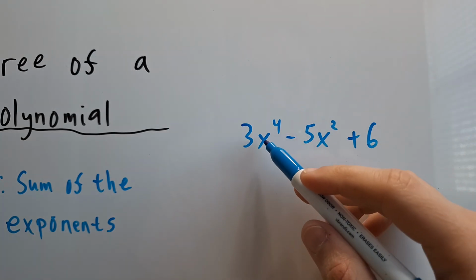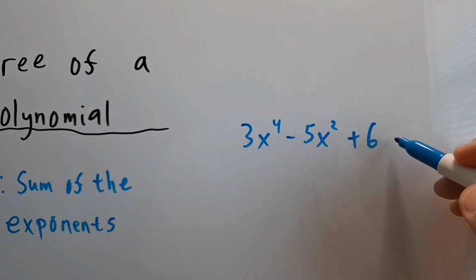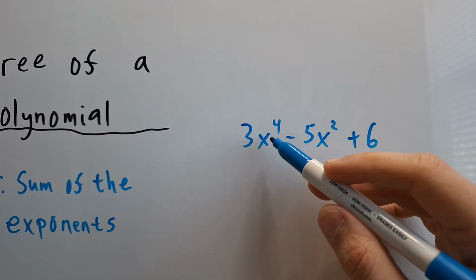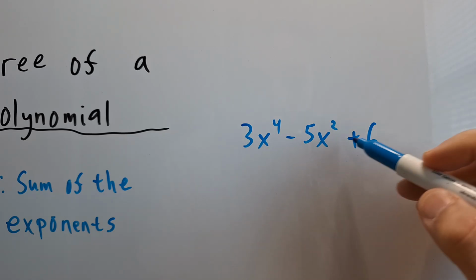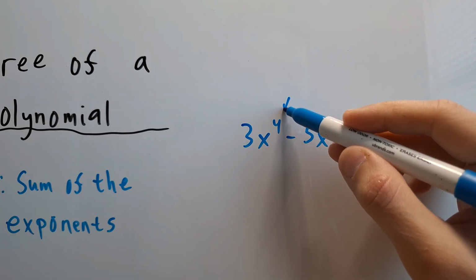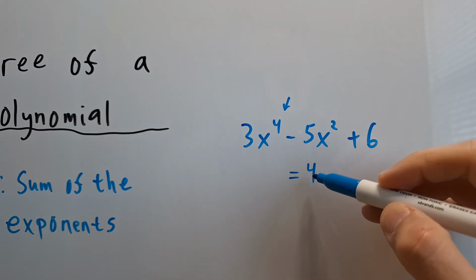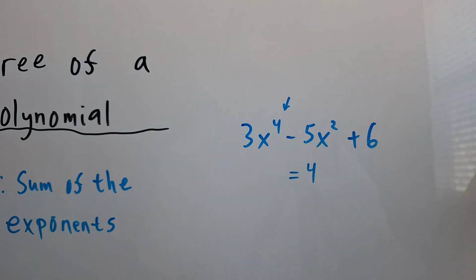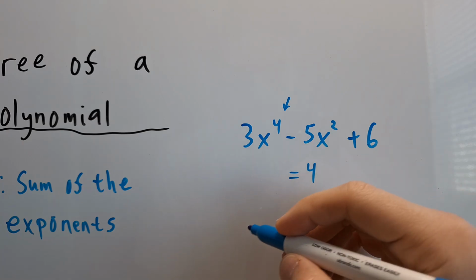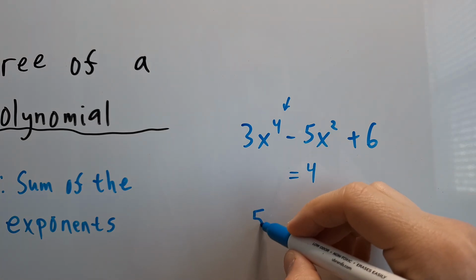First thing to note, our polynomial is in descending order. The highest exponent value is right here on the first term, and that would be 4. So the degree of this polynomial is 4. That's really it.